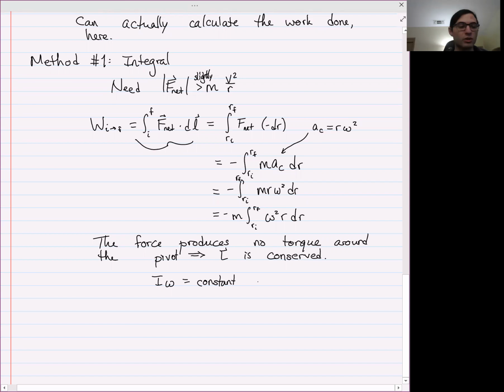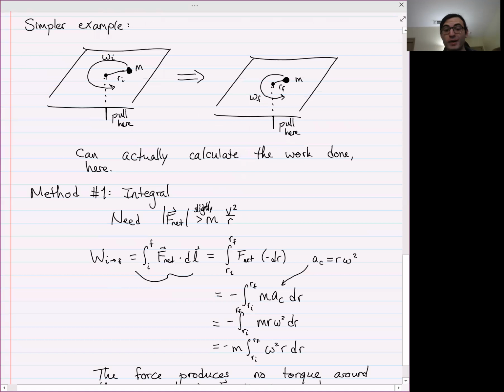So what that means is we can write the total angular momentum when the mass is some distance r away from the center. That would be m r squared times omega, and I'll just leave it as omega, but that is the omega at position r. And that has to be equal to the initial angular momentum because it's conserved. So this would be m r_i squared omega_i, right?